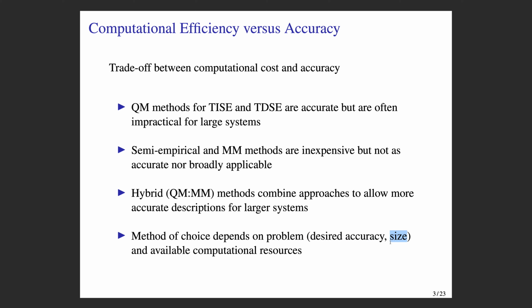The other aspect is the size of the problem that you choose. That's going to determine what method you want to use, as well as what computer resources are available. Now, you can often get access to the very best of computer resources. You may just have to make some inquiries, make some proposals, and if you have a viable project, you can often get computational resources on some of the best supercomputers in the world.